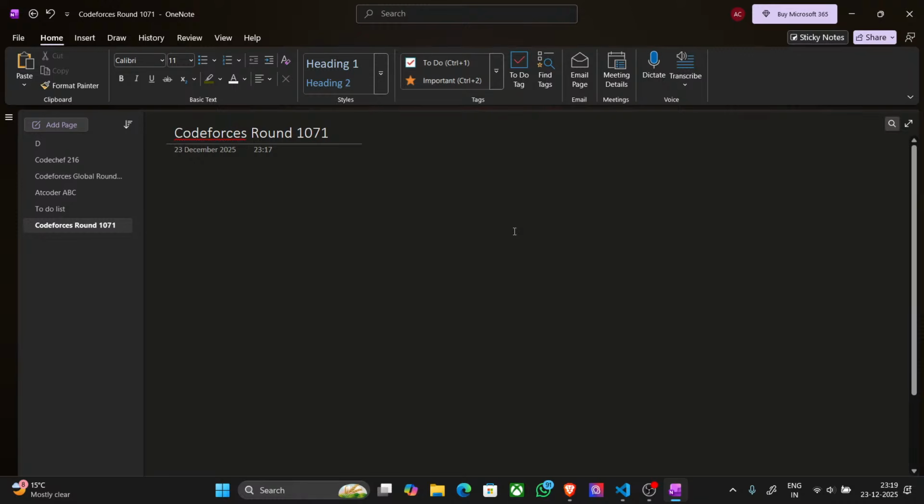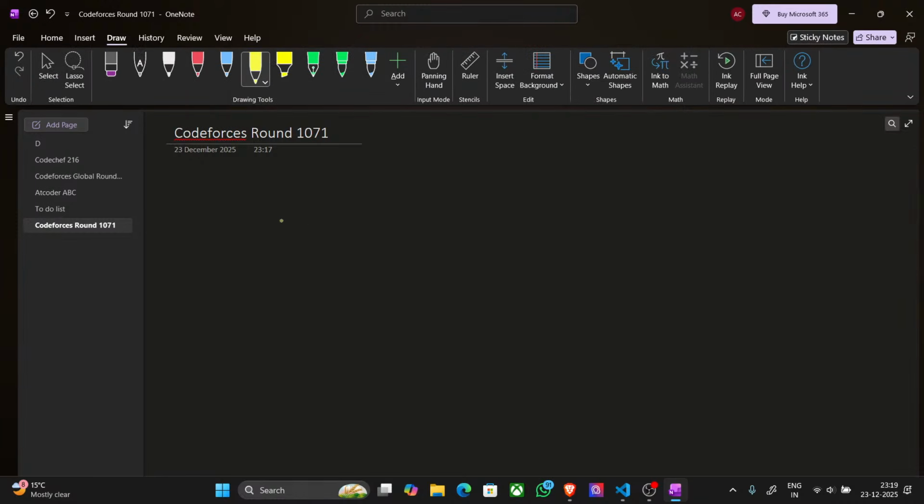So what you are given is that you can use only the first k alphabets. Like if k is equal to 4, then you can only use a, b, c and d for the password.